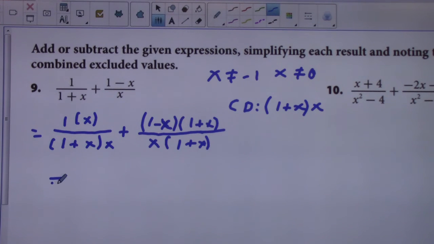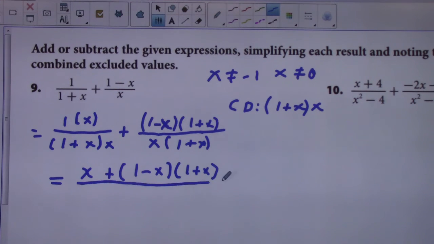So now what we have is x plus 1 minus x, 1 plus x, and that's all going to be over this thing here, right? I'll put an x, 1 plus x.